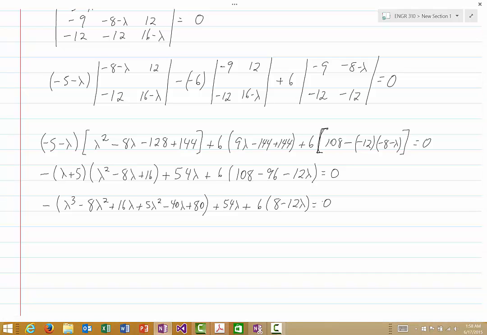And this should be not 8, but 12. 12 minus 12 lambda, because 108 minus 96 will be 12.